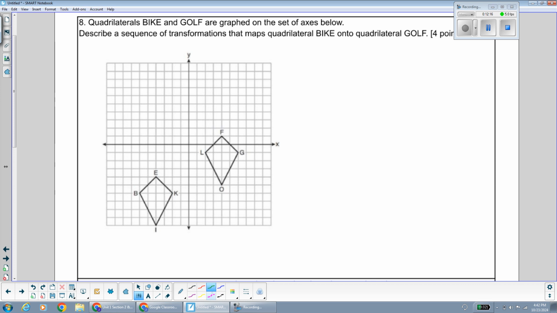What a lot of people did was either a translation followed by a reflection or a reflection followed by a translation. I'll do the reflection first. So I'm going to reflect over the y-axis. And if you reflect over the y-axis, 1, 2, 1, 2, it should fix the orientation. Moving equal distances.